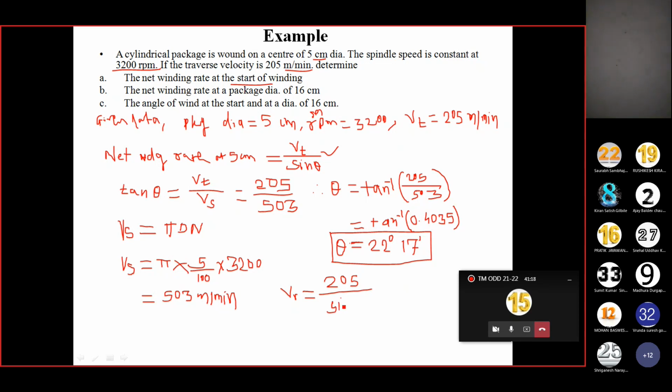Sine of 22.17, because we have calculated theta. So sin of 22.17, and tell me what is the answer. First of all, you calculate the sin theta and then do 205 by the answer you got. You will get the net winding rate.